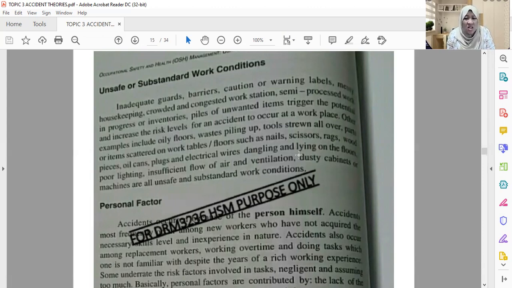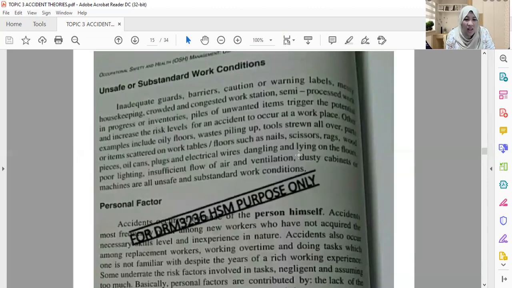Floors with nails, scissors, racks, wood pieces, oil cans, and then we have plugs, electrical wire dangling and lying on the floor. Kalau dangling ni maksudnya dia berselirat lah, dan dia hanya dibiar atas lantai. Selalunya hakikatnya tu yang berlaku, okay? And also they do have poor lighting. How do you feel? Let's say I just switch off this light and all of a sudden we cannot see anything in this room, right?